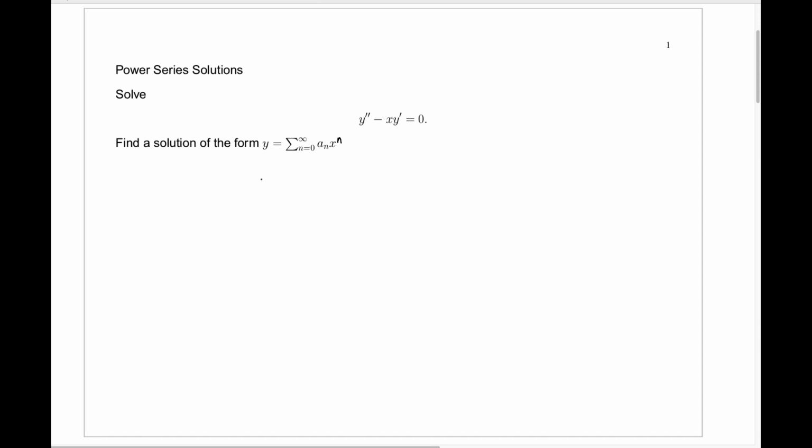Then, of course, y prime is the sum from n equals 0 to infinity of n a sub n x to the n minus 1.